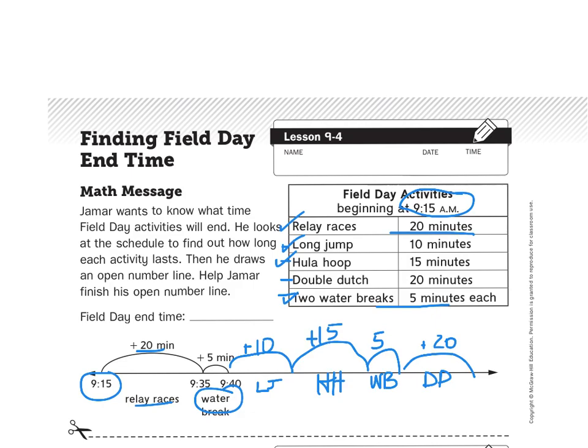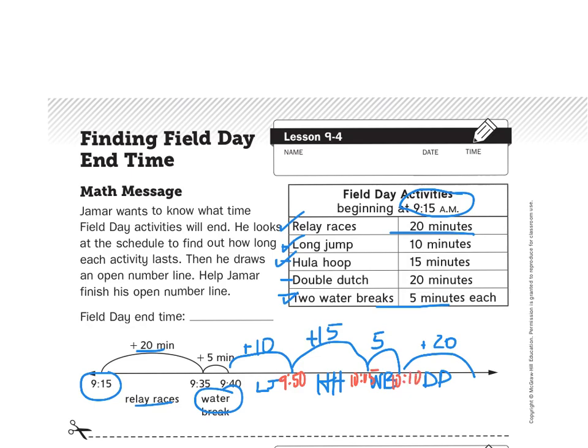Okay, so he added 20 minutes, that got him to 9:35. He added 5 minutes, that got him to 9:40. He added 10 minutes, and that got him to 9:50. He added 15 minutes, and that's going to take him to 10:05. He added 5 more minutes, that takes him to 10:10.